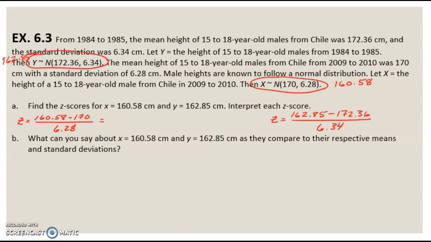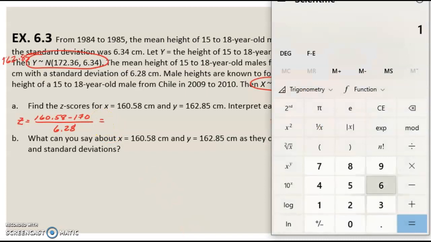So, let's see what we get here. 160.58 minus 170 divided by 6.28 gives me a negative 1.5.